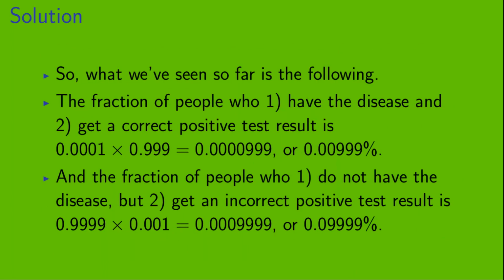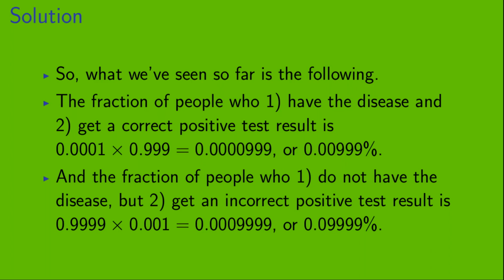Okay, so what we've seen so far is the following. The fraction of people who 1. have the disease and 2. get a correct positive test result is 0.0001 times 0.999, which equals 0.00999%.